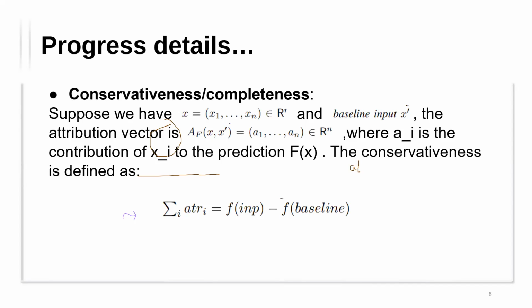But by this definition, the sum of all the attributions, given the baseline and given this input, should be the difference between f of the input and f of the baseline.